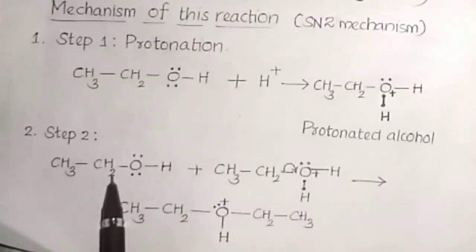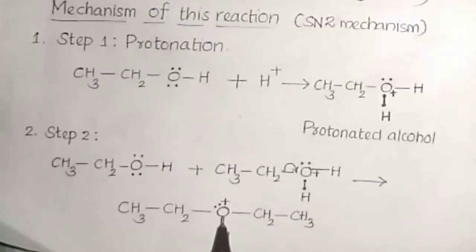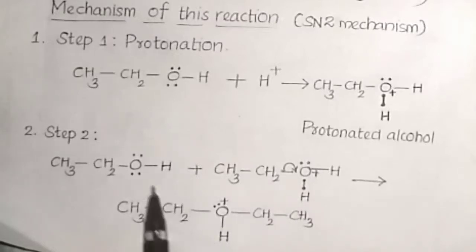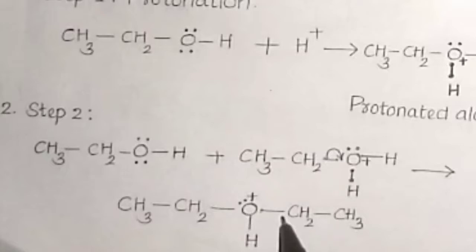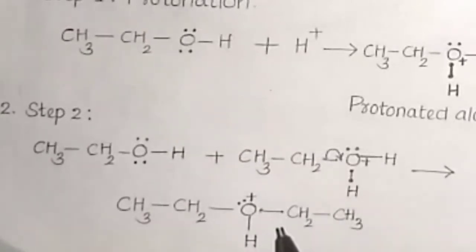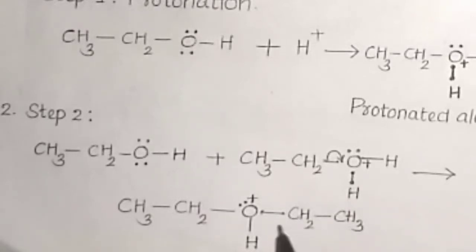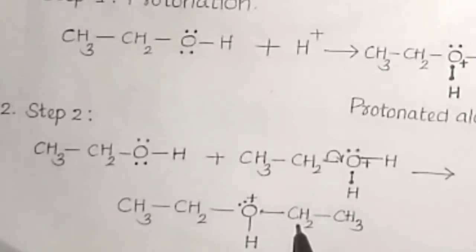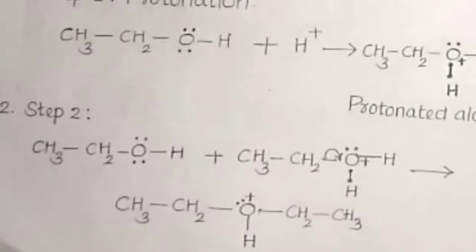Listen here, CH3CH2 oxygen has two lone pairs and one hydrogen atom. One lone pair present in the oxygen atom becomes a bond pair, accepts the CH2CH3 and forms a bond. Then the carbocation's positive charge is given to this oxygen atom.